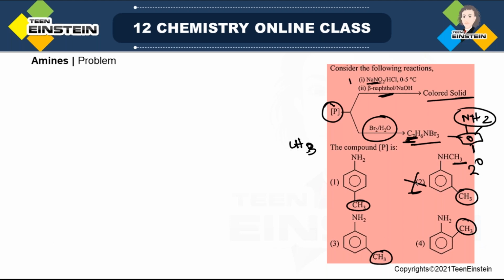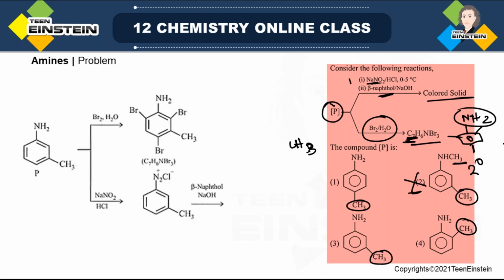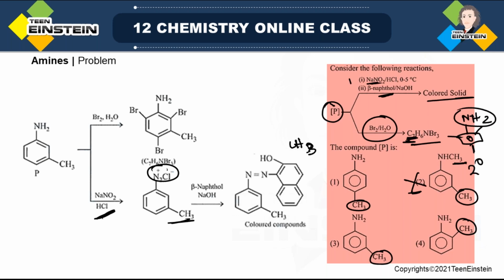Now among 1, 3, 4: 1 and 4 are not possible, because for the bromination product the ortho and para positions must be vacant, right? So now we are left with only option 3. Now look at this: when you are doing diazotization, you are getting N2+ Cl-, the rest of the part has no change. Then you are treating it with beta naphthol, and you get the diazotization product, this one.